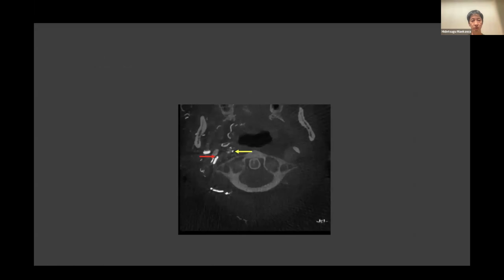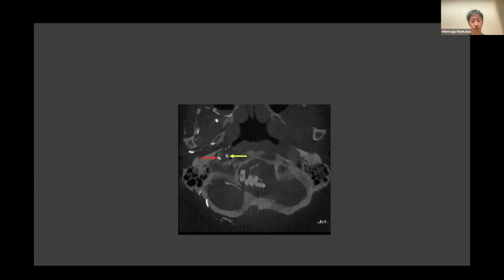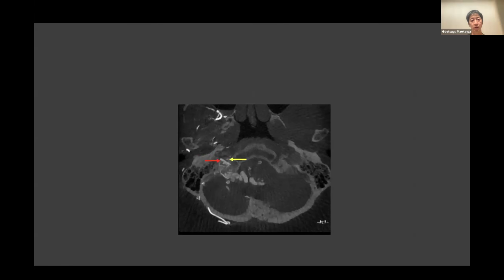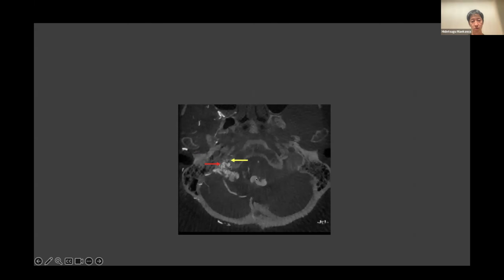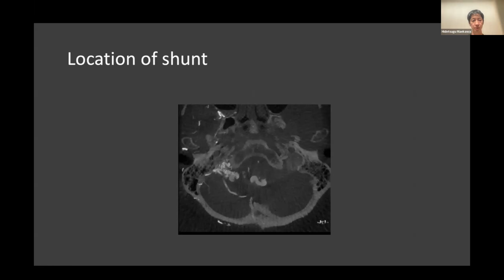And if you look at the 3D image, yellow is the ascending pharyngeal artery, and the red is the branch of the occipital artery. As you can follow, you can see these arteries go into the jugular foramen to participate in the dural fistula here.